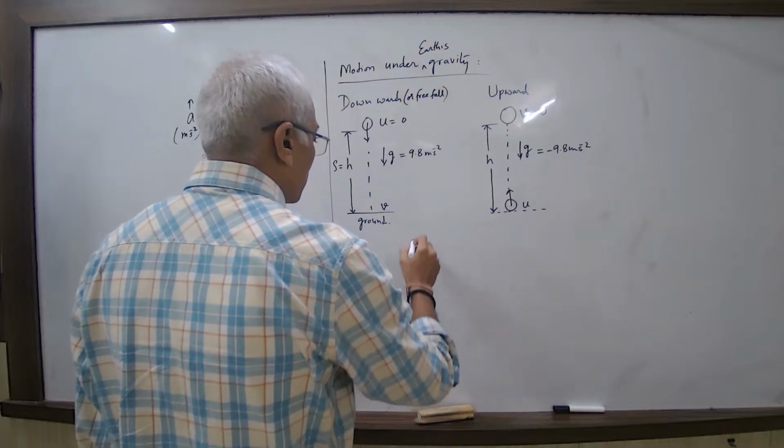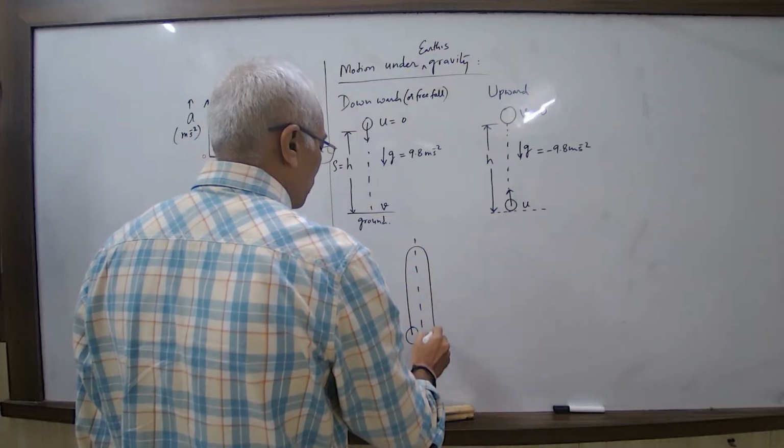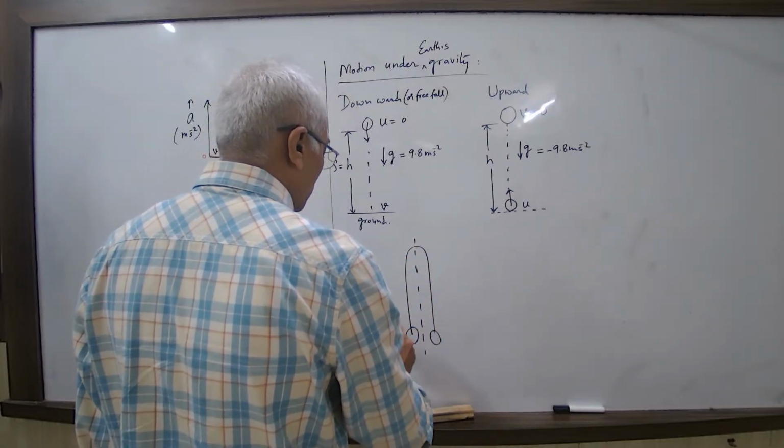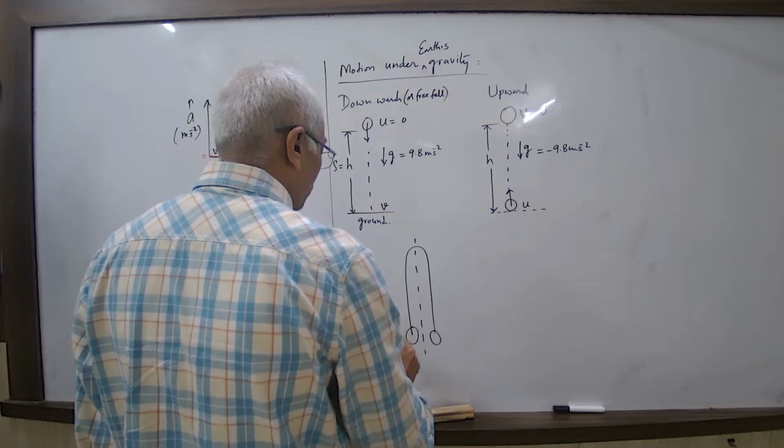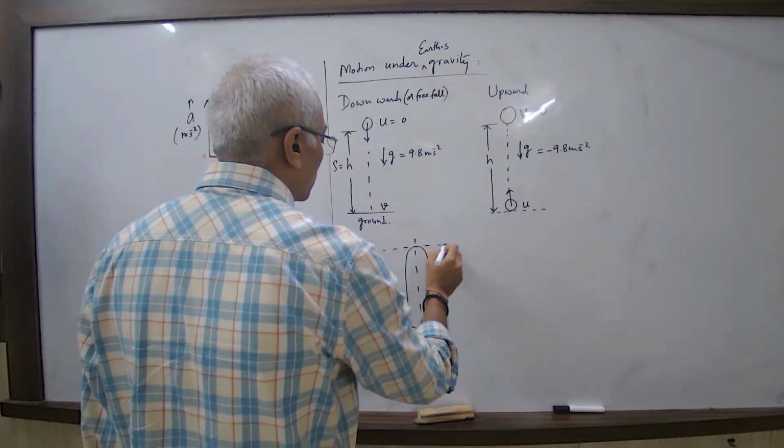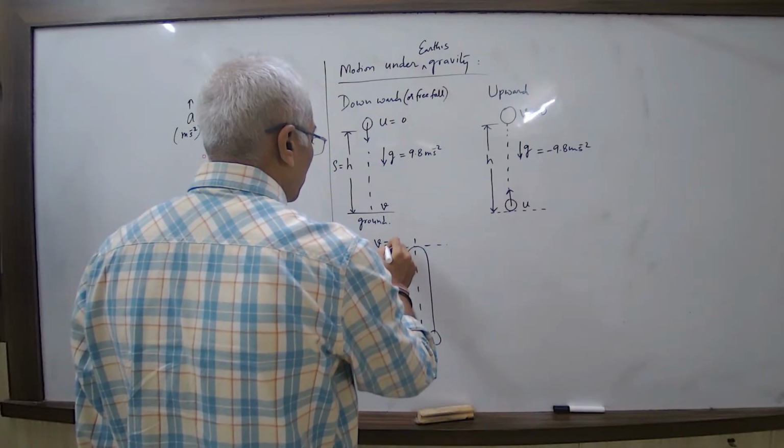Okay? So you can divide the upward and downward motion in two parts. So here it is u, and top पे v equal to 0.